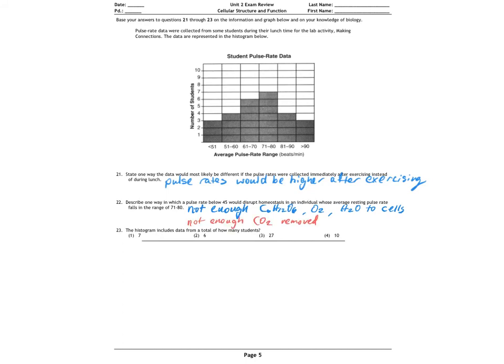And you would have trouble getting enough CO2 and other waste products removed. You remember from state-mandated lab that a histogram sums from the totals of each column. So there are 3 plus 4 plus 6 plus 7 plus 4 plus 3 for a total of 27 students.